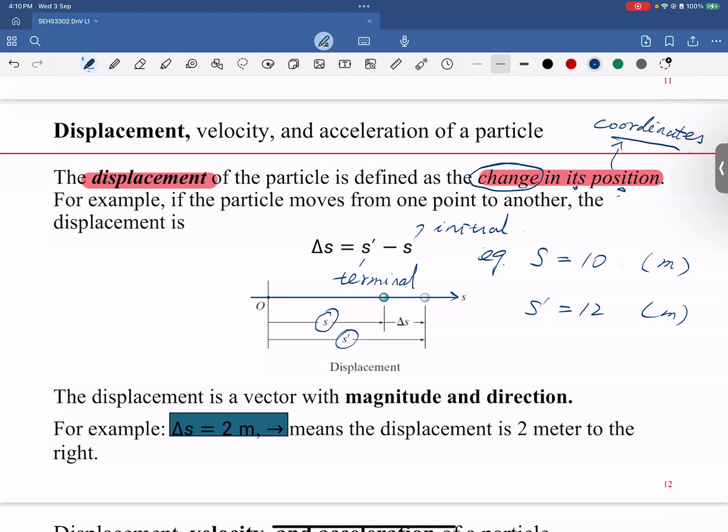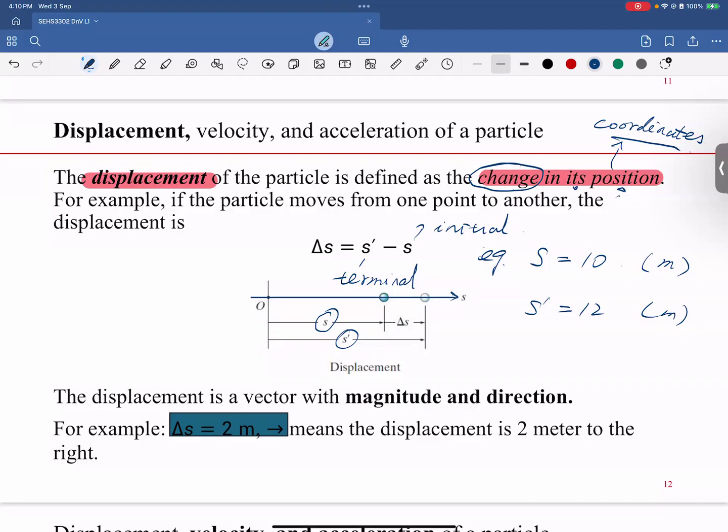Change of temperature. Okay, so 10 minutes, right? In 10 minutes, so use the later one minus the previous one. Okay, when you move this concept to other regime, same thing. The later one minus the former one, we call it change.